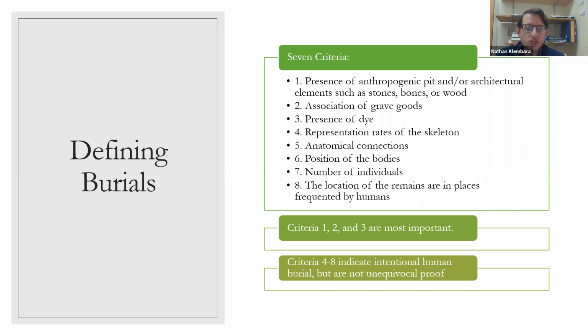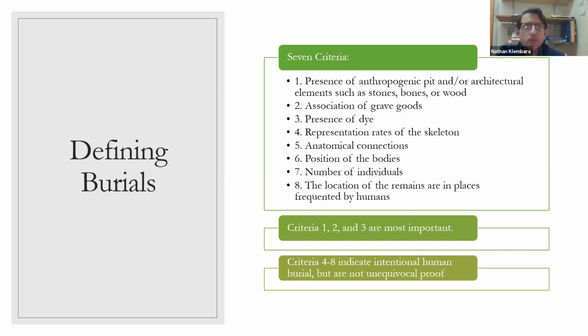Because if somebody was intentionally buried, we would expect the whole skeleton or nearly the whole skeleton to be there. 5, anatomical connections, meaning do we see that the lower arm bones are connected to the upper arm bones, which are connected to the shoulder blades, which are connected to the vertebral column, which is connected to the skull, which is connected to the other arm, which is connected to the pelvis, which is connected to the leg bones? Do we see these anatomical connections in place? Right? If they're buried and it's ritual, you will probably carefully put them into the pit. So these anatomical connections are still there. If you were thrown away, these might not be there.